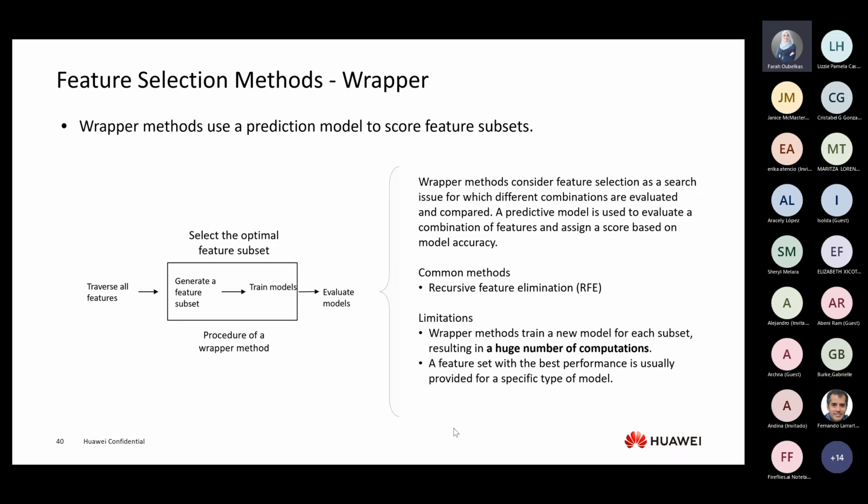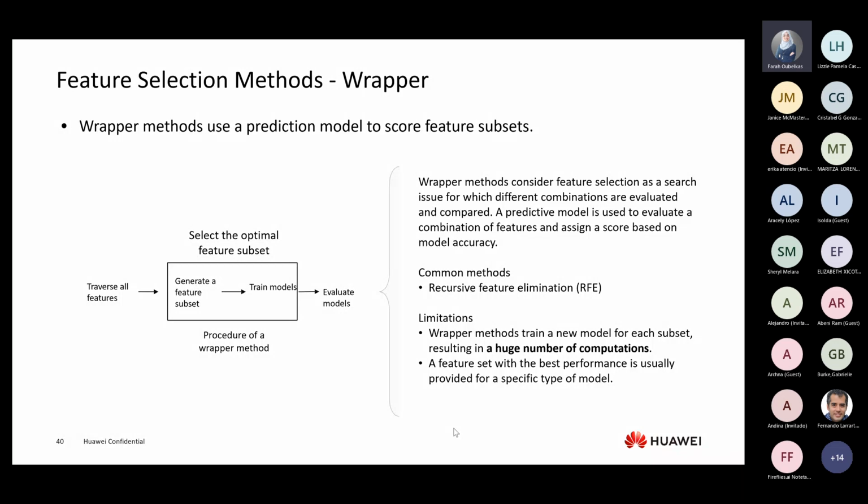And according to the best performing model, based on, for example, the accuracy, we're going to choose that set of features. Remember we are talking about feature selection methods, so we are trying to select the valuable features. Okay, so this is how the wrapper method works.